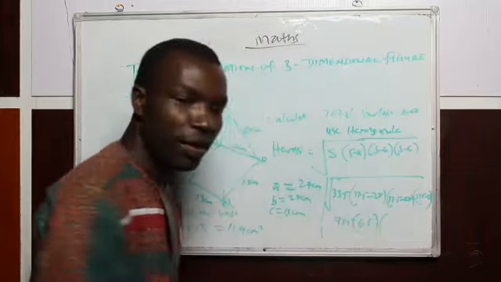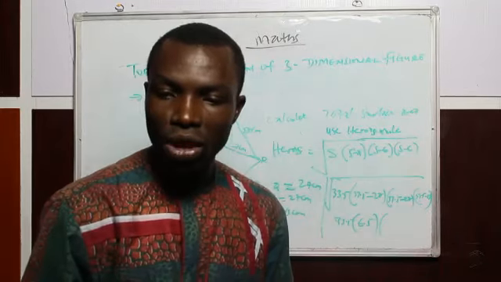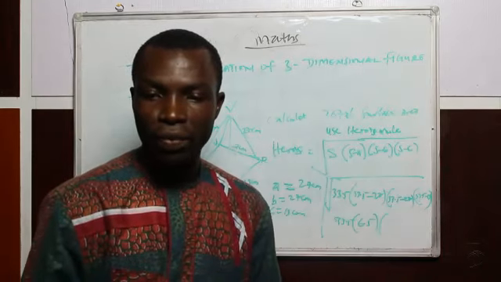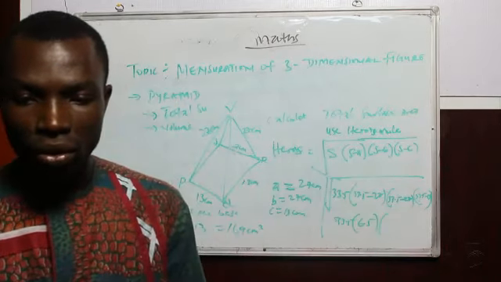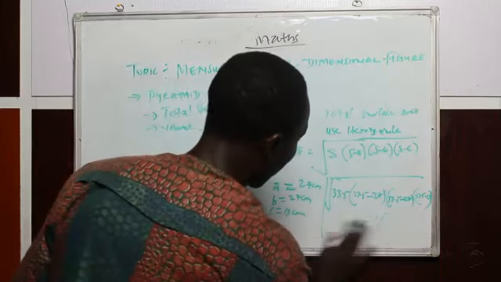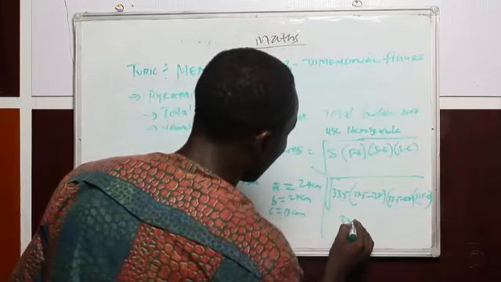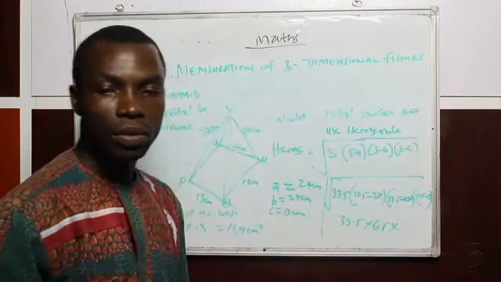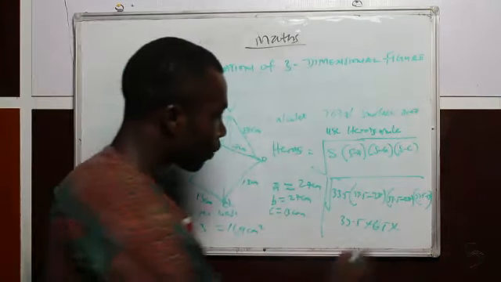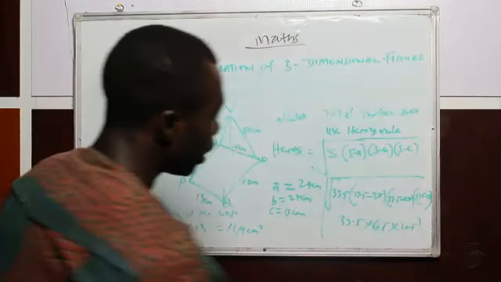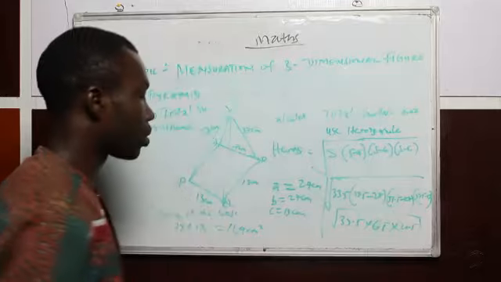Then the next bracket also gives 33.5 minus 27, which altogether gives us 33.5 times 6.5 times 6.5 times 20.5, then all in the root.